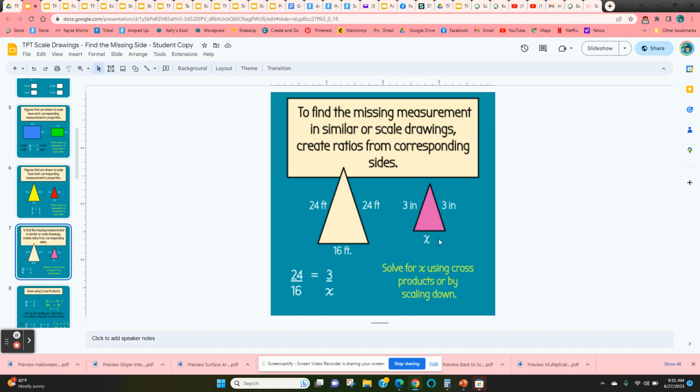Now, if one of our measurements is missing, we need to be able to determine what the measurement is of that side. So there's two ways we can do that. You can solve for x using cross products or by scaling down. So here we can set up our proportions. 24 to 16 is going to be equivalent to 3 to x, and we need to solve for x.